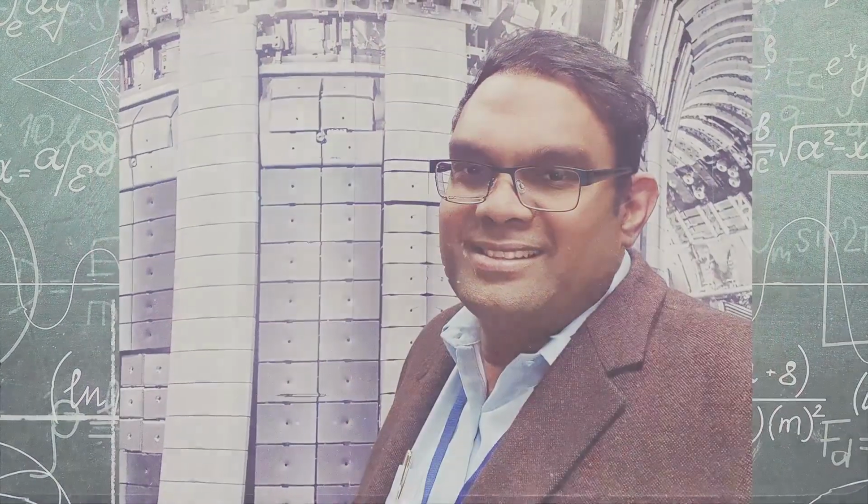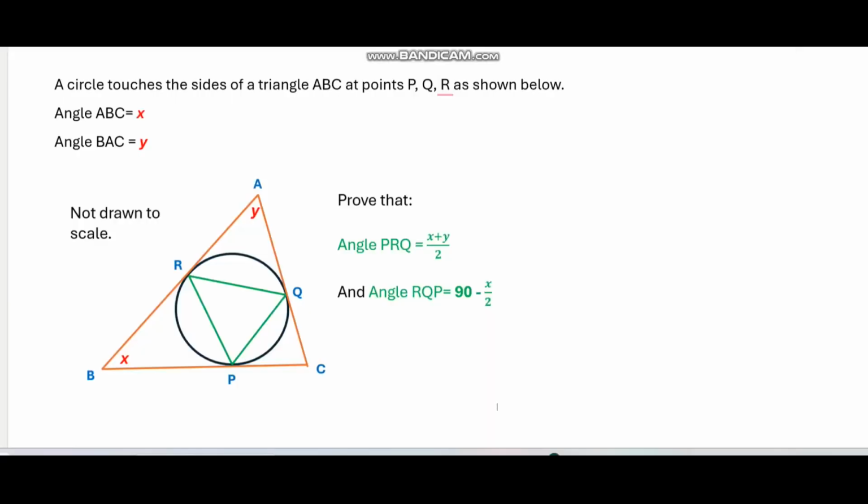Okay, this question is on circle theorems. A circle touches the sides of a triangle ABC at points P, Q, and R, as shown below. So there are three tangents to the circle, as you can see.